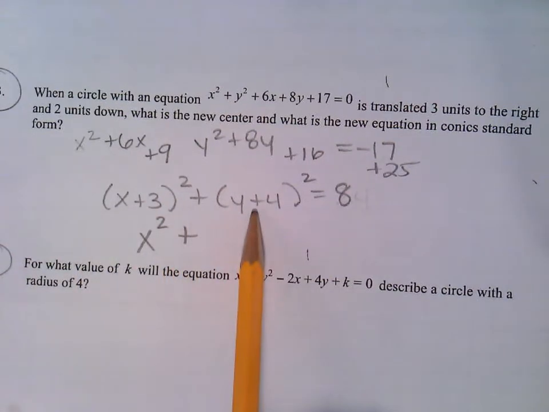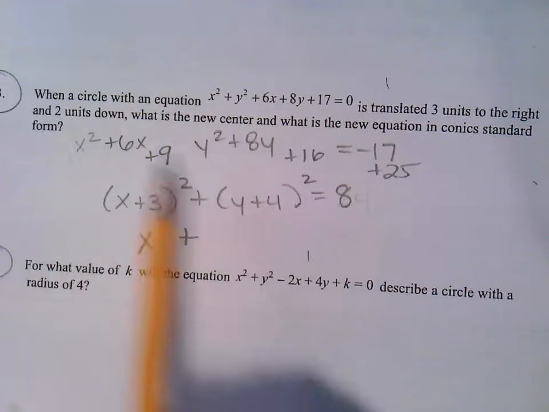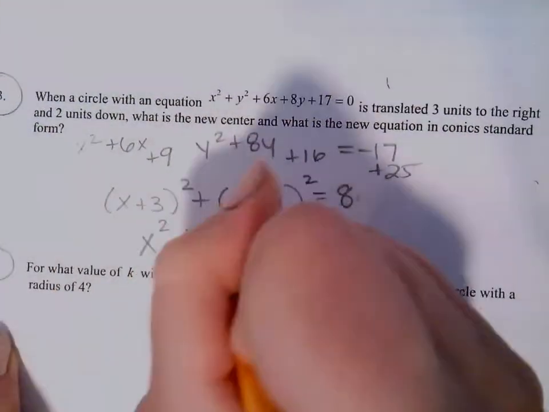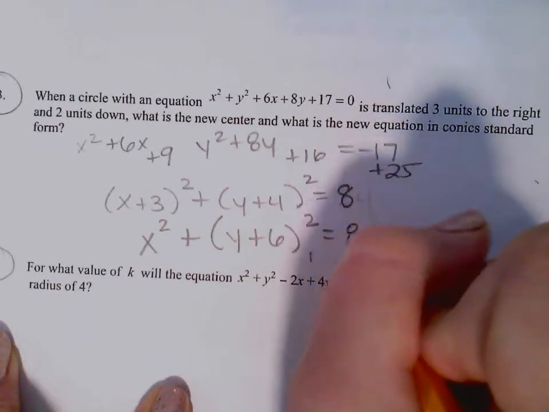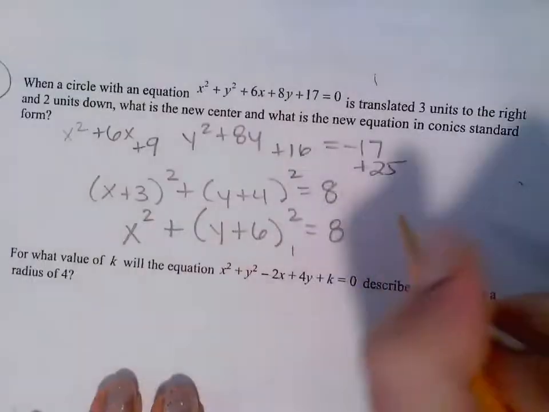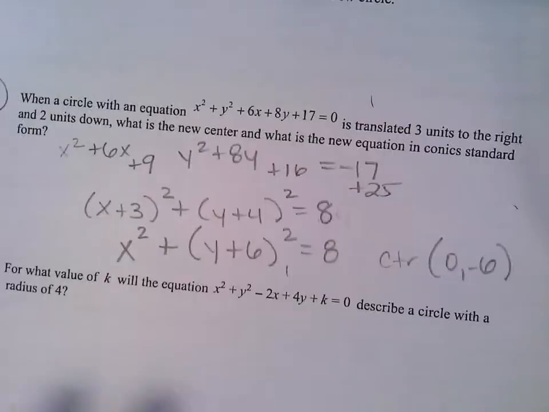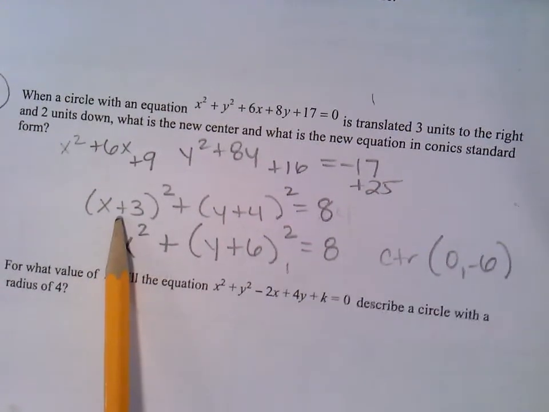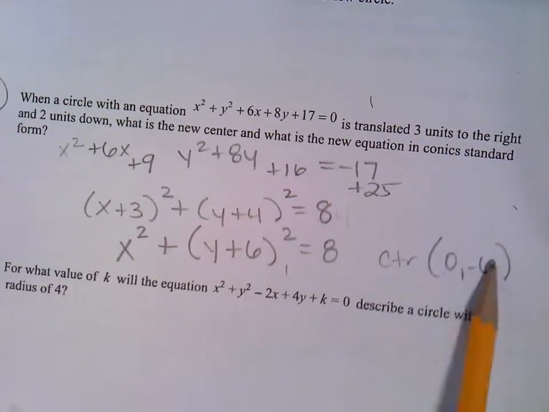And this is currently already at negative 4, and they want me to go 2 more units down. So then I'd be at y plus 6 squared. What's the new equation and what's the new center? So my new center would be at 0, negative 6, because originally it was at negative 3, negative 4. I've moved right 3 and I've moved down 2.